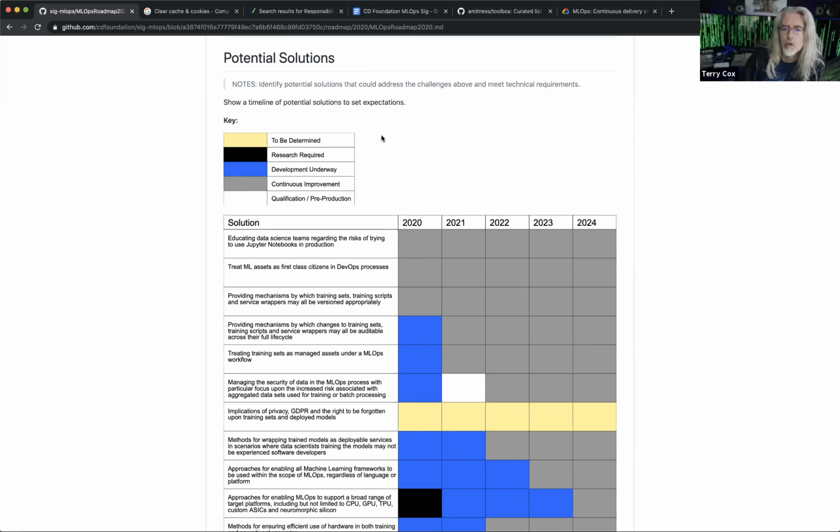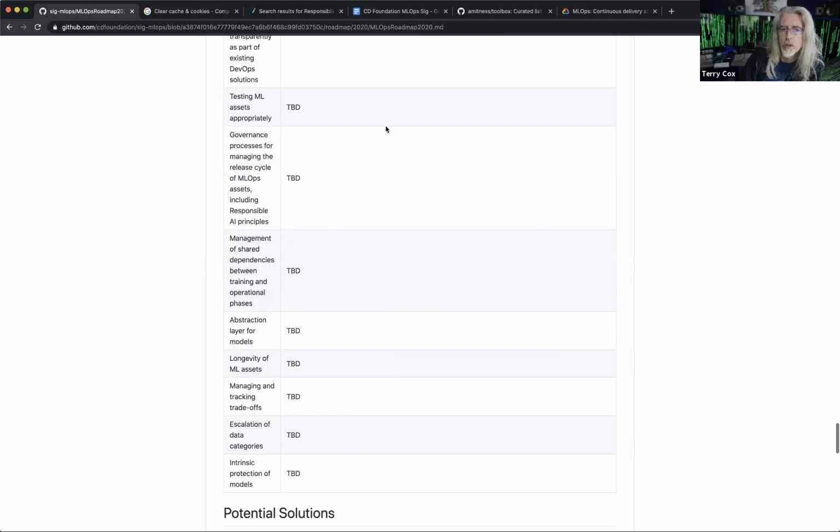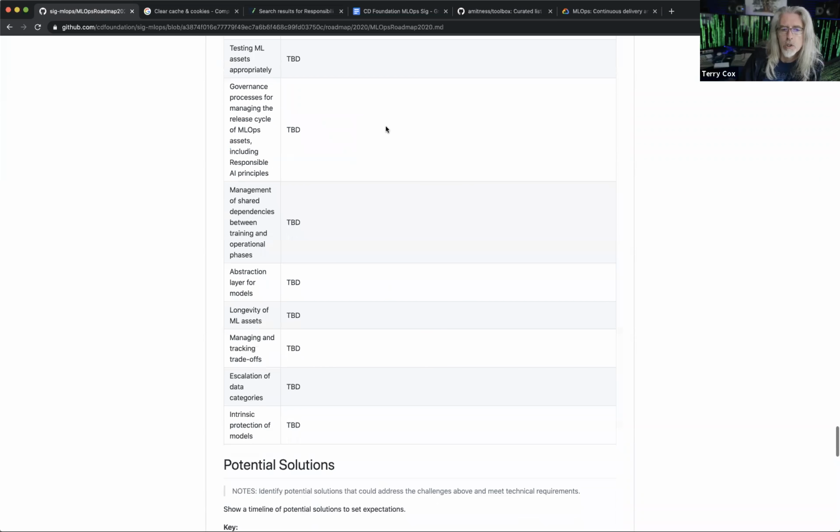Well, conversationally, yes. I mean, we could put a table in there, but really the purpose of the roadmap is to be indicative of the problems, but not to be too prescriptive about how we solve those.